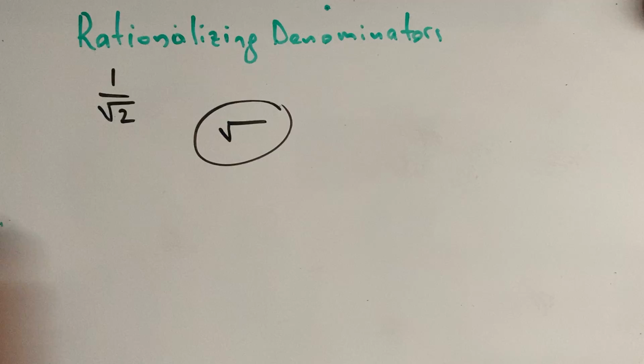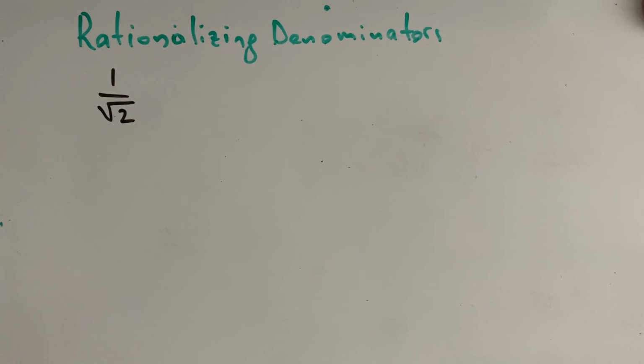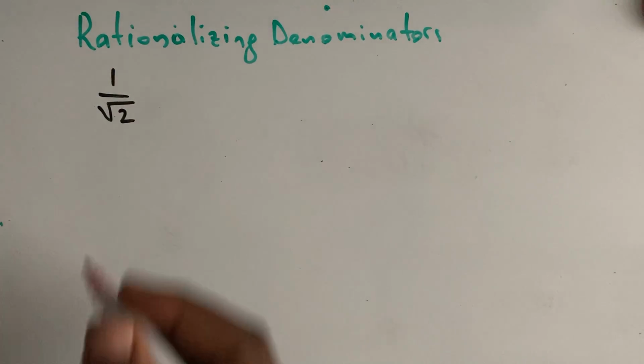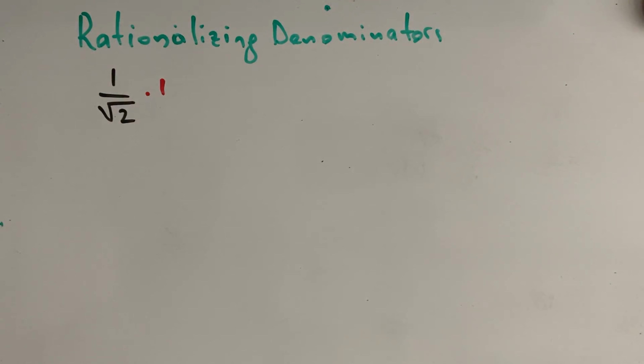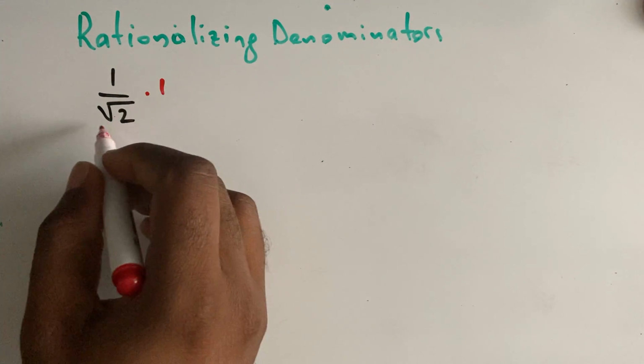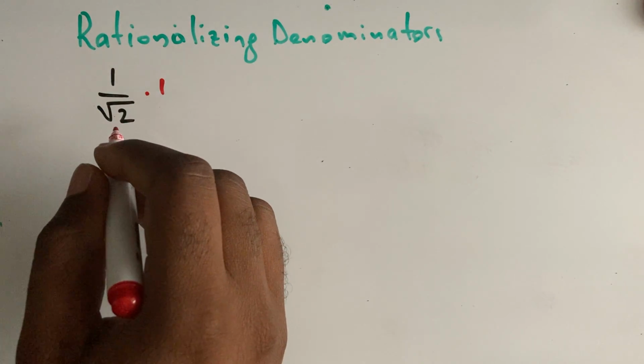Okay, I'll take this example to start. So if I want to eliminate the square root of 2 in the denominator here, and I don't want to change the value of anything, one thing I can do is multiply by the number 1, because only when you multiply by the number 1 do you not change anything, okay? Now, if I multiply by 1, I'll still get the radical in the denominator, right?